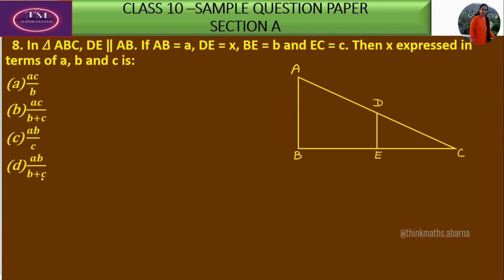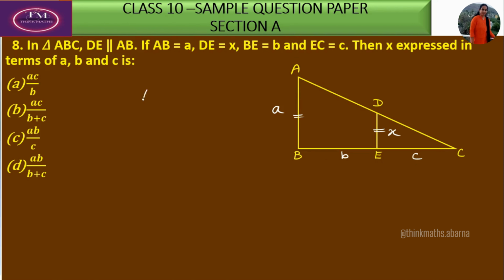So here what is the question? DE and AB are parallel. AB is equal to small a, AD is equal to small x, BE is equal to small b, and EC is equal to small c.